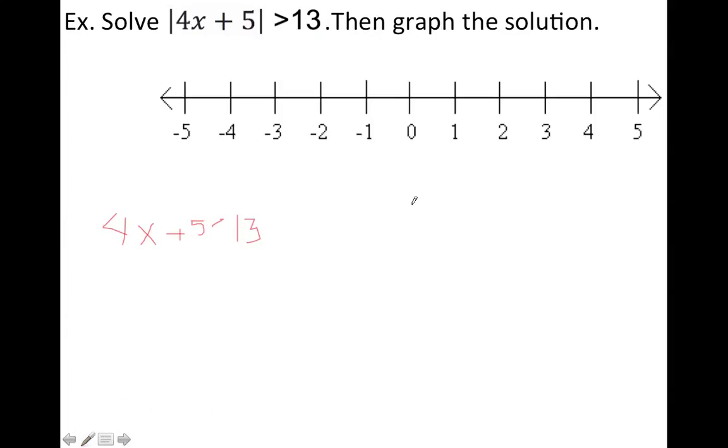You still rewrite the left-hand side without the absolute value. So you have 4x plus 5. You still make your right-hand side negative, but since we have an inequality symbol, we have to switch that. So it was greater than, now it needs to be less than. So go ahead and solve these out.